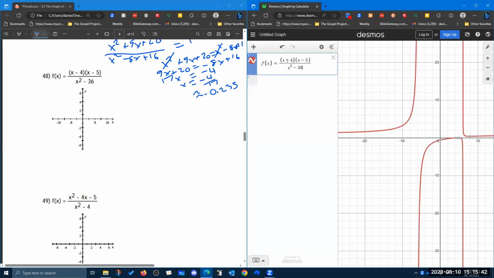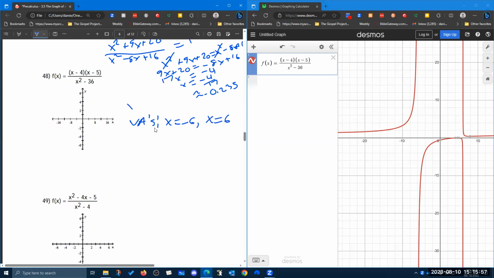There's an x plus 6 and an x minus 6 as factors in the denominator that don't cancel with anything in the numerator, so we're not going to get any holes. We will get vertical asymptotes at x equals -6 and x equals 6.